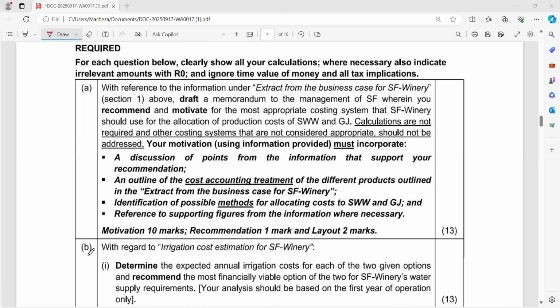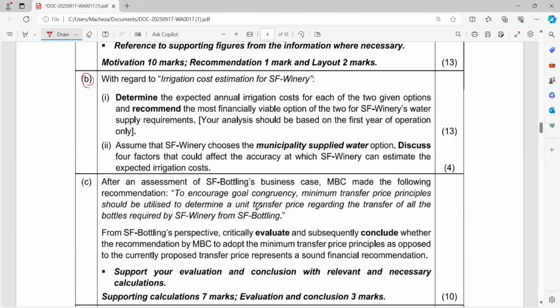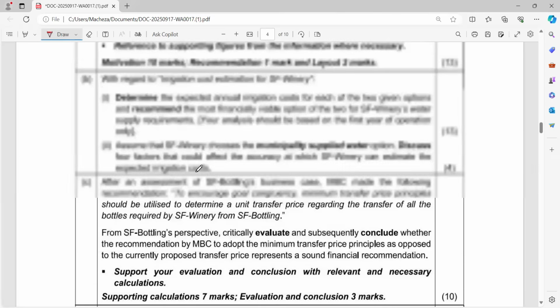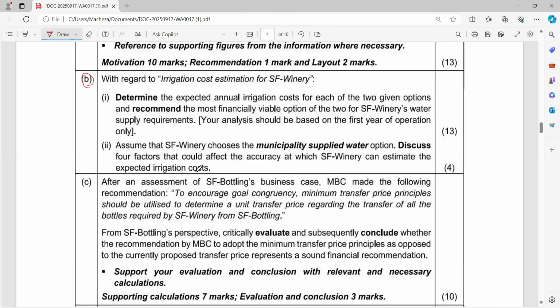So we're starting B. I think we'll do B and C. And I'm not sure about D if it is still active. D is no more in our syllabus, if I'm not mistaken. Right, so let's look at B.